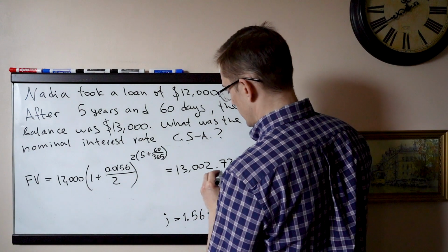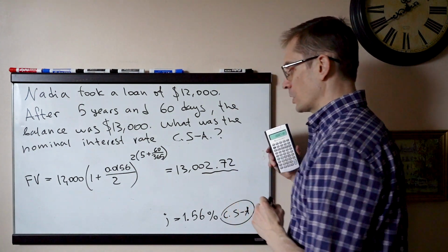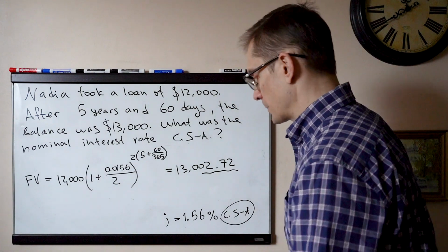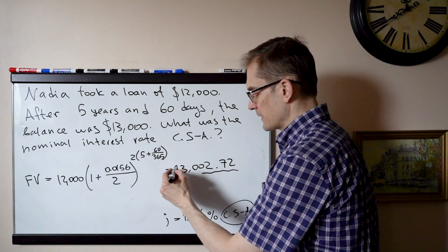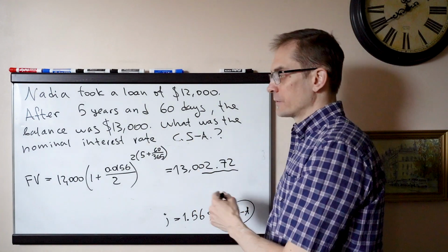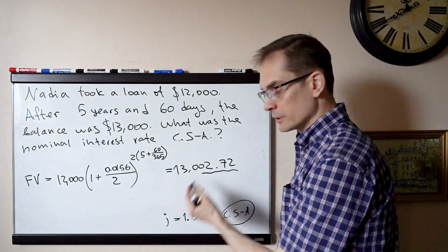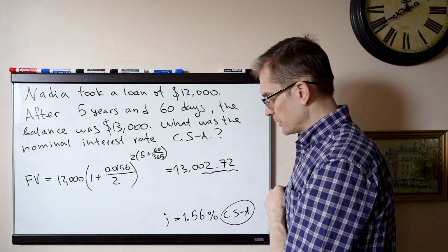So we have 2 extra dollars appearing. This is the discrepancy I was talking about. I'm happy that we got very close to this $13,000, which means our calculation of the nominal rate was correct.